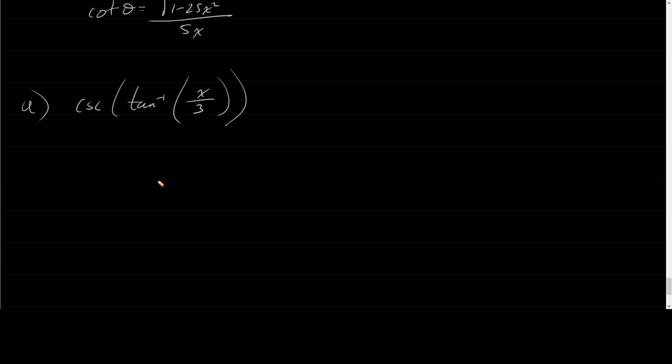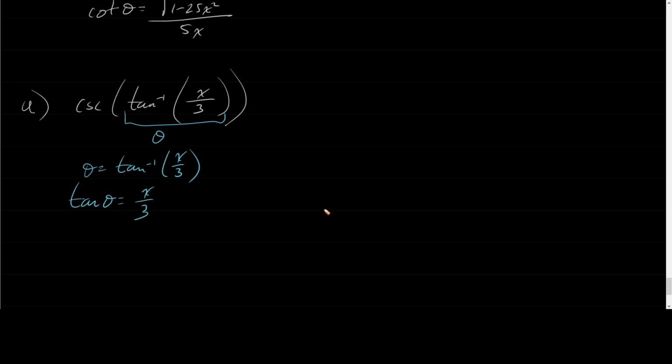Now in here, we don't need to worry about the inside too much because, well, tan inverse, the domain is all real numbers, so anything here will be fine. So let's go ahead and take a look at how to work with this. Like before, we're going to say that the inside is theta, so theta is equal to tan inverse of x over 3, so that tan theta is equal to just simply x over 3.